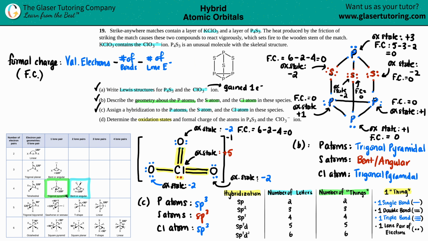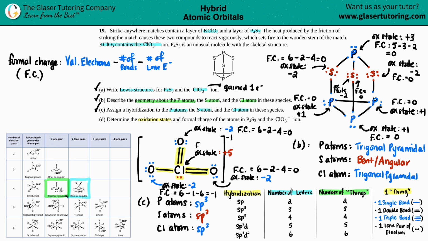So that's a formal charge of 0. Let's do this oxygen. 6 valence electrons minus 2 bonds minus 4 dots. That's a 0 charge. This one, for this oxygen, 6 valence electrons minus 1 bond minus 6 dots. That's a -1 charge.